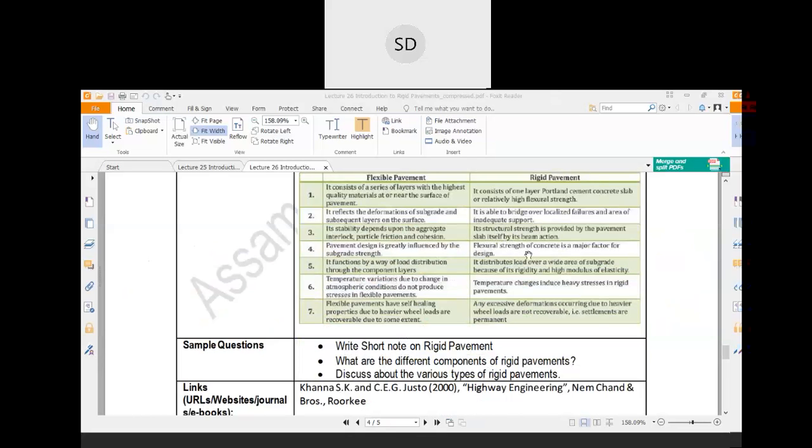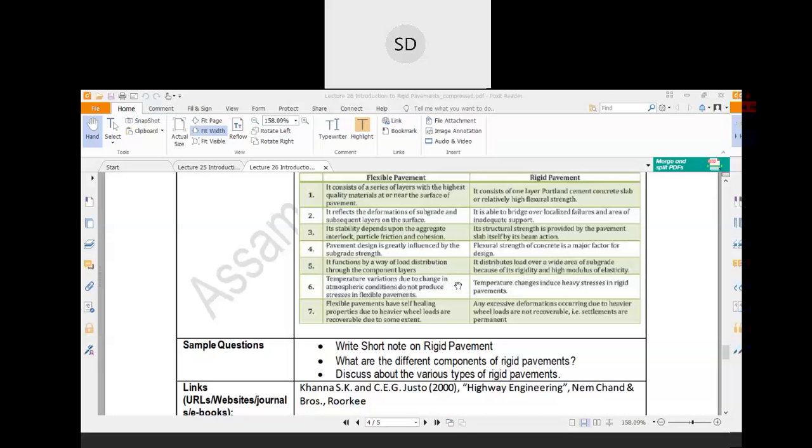In the rigid pavement, flexural strength of concrete is a major factor for the design. Then it functions by way of load distribution through the component layers. So there would be different layers and the load will be transferred from layer to layer. Here it distributes loads over a wider area of subgrade because of its rigidity and high modulus of elasticity.